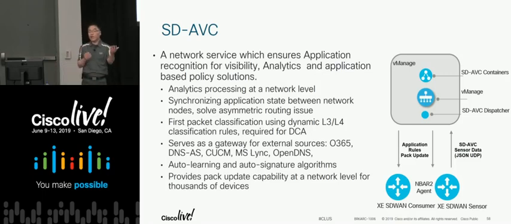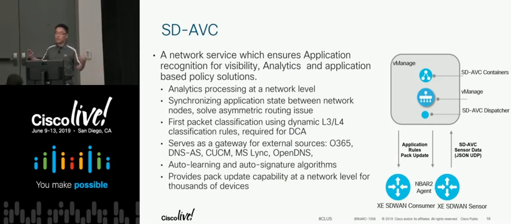So you have this asymmetric traffic flow behavior. With SD-AVC, the controller is able to aggregate and see the entire network from the sensors in your SD-WAN fabric. So you're able to properly solve the asymmetric routing issues.